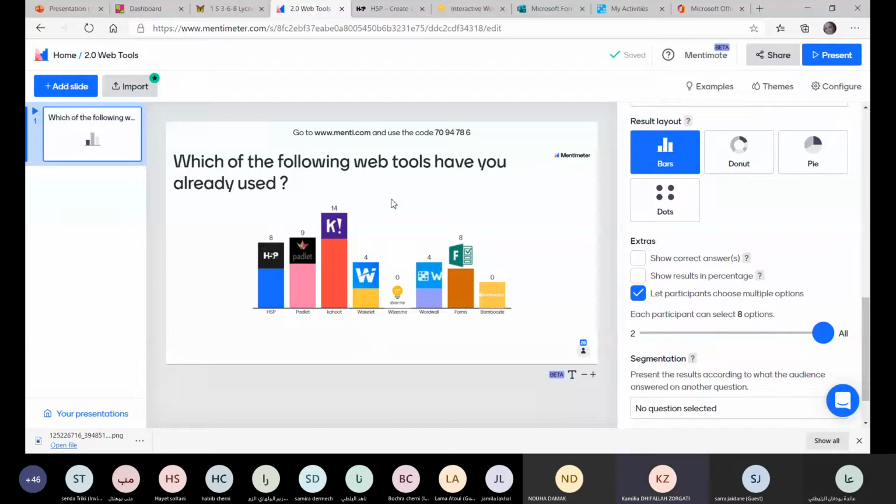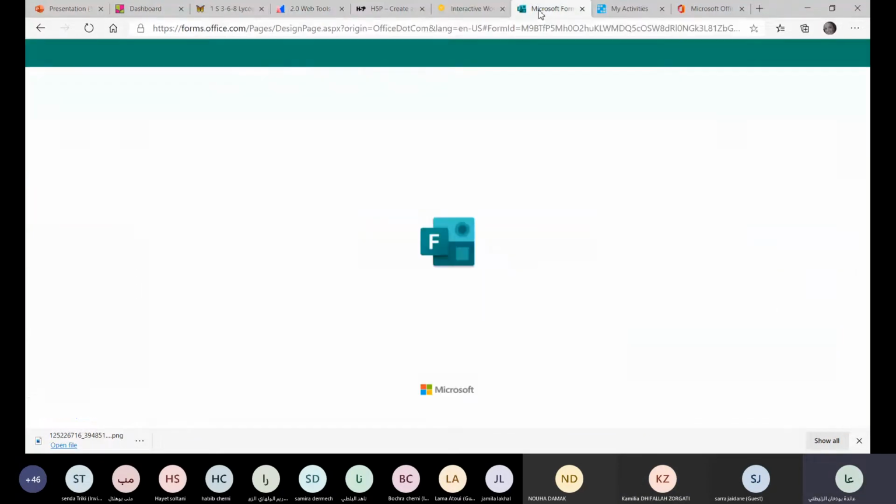Okay, that's fine. Good. Yes. So I'm going to show you one activity on Microsoft Forms.